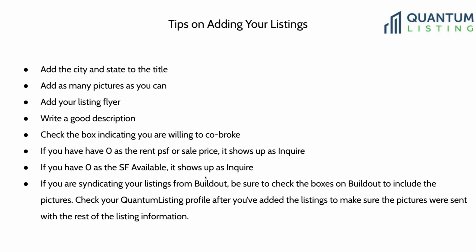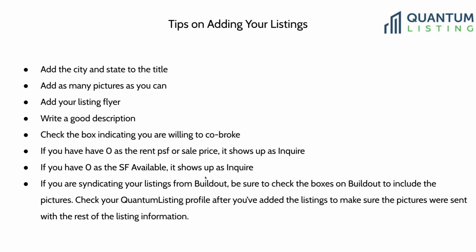There are three little boxes at the bottom of your listing when you're adding it. One is to say that you have the rights to all the information and images in that listing. A second one, I'm drawing a blank here, is that it's okay to publish it now.